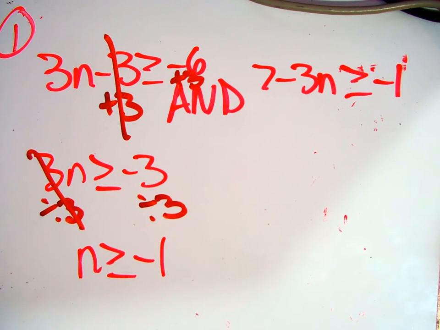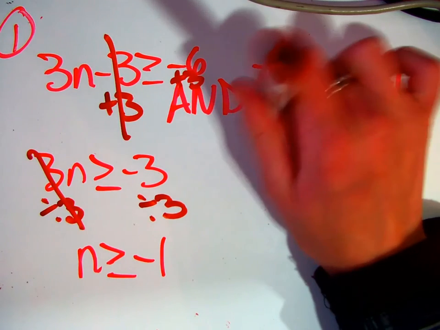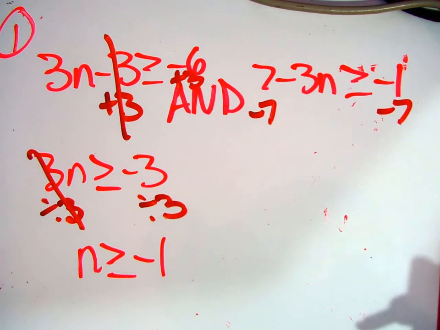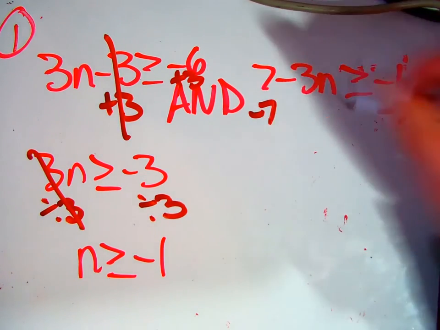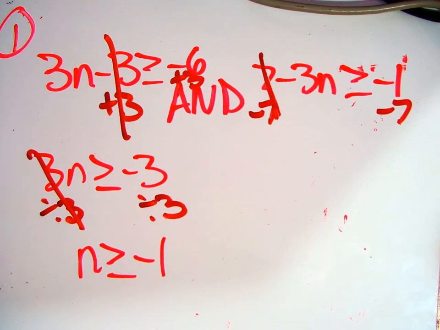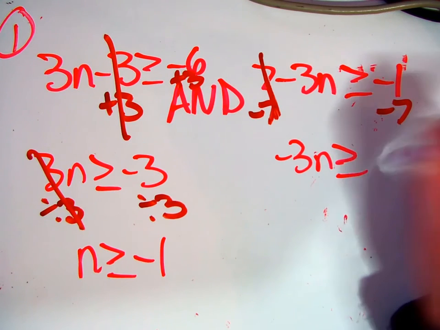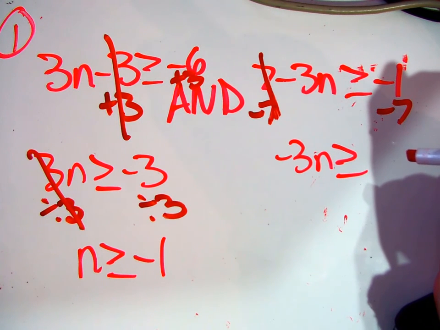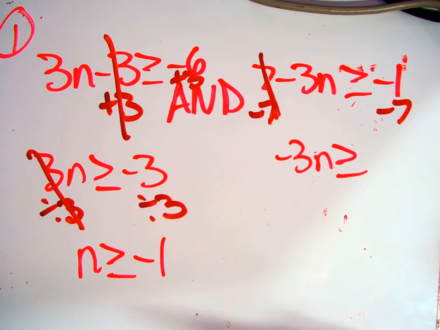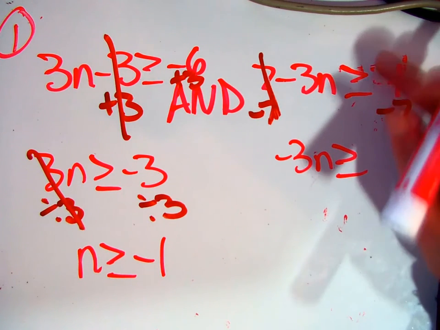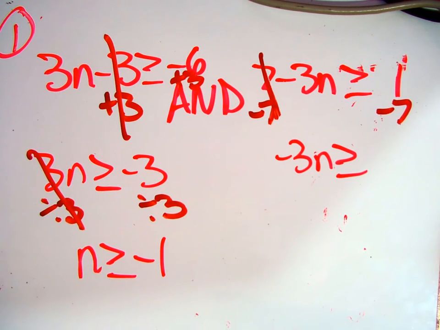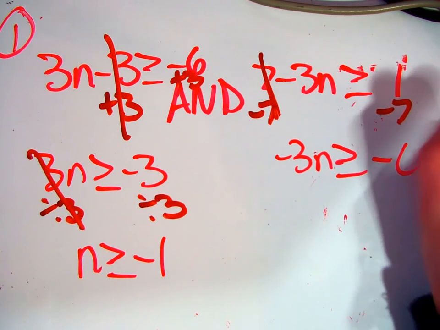Second inequality, I'm going to start by getting rid of the 7 by subtracting on both sides because this is a positive 7. The 7's cross out, so we're left with negative 3n is greater than or equal to... Ooh, I have a boo-boo there. Quick fix, this is a positive 1. 1 minus 7 is negative 6.